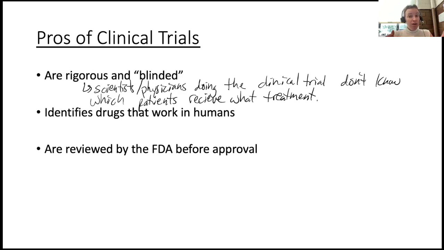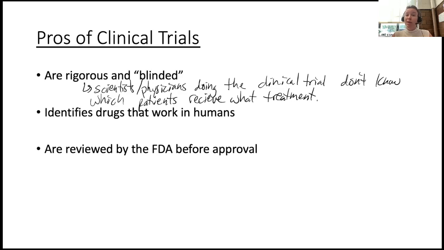Pros of clinical trials also, ideally, you end up identifying drugs that work in humans. Clinical trials are done on humans, folks, right? Preclinical work is not. If we want to be developing drugs that help us beat a variety of diseases, we need clinical trials to do so.